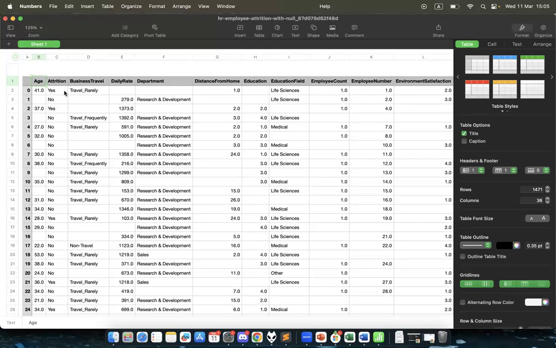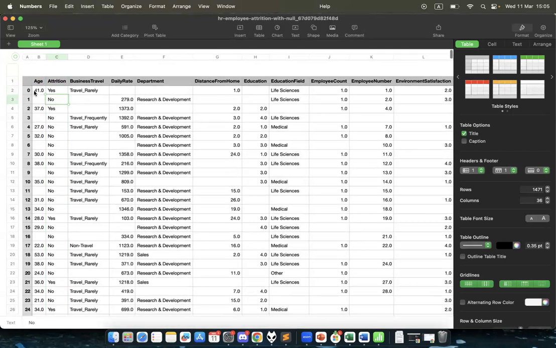So the data set is just past data of that company: this person has some attributes, and whether he will attrition, yes, that means he will leave. No means he won't leave.